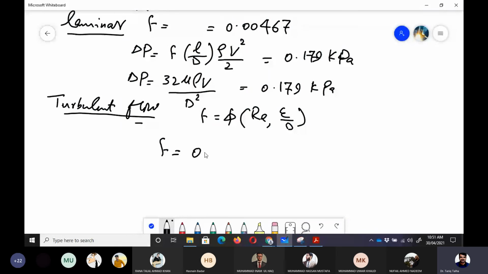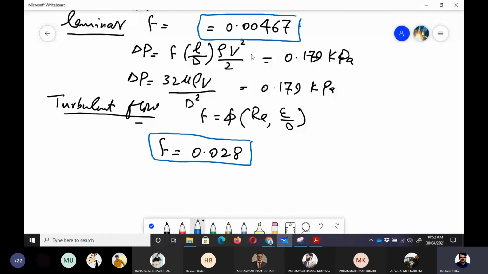Now that is very interesting to see, this value is 0.028, and for the laminar flow it was only 0.00467. So for the turbulent flow, the friction factor value is significantly more. So now we are going to use the same relation, f L upon D, rho v square upon 2.